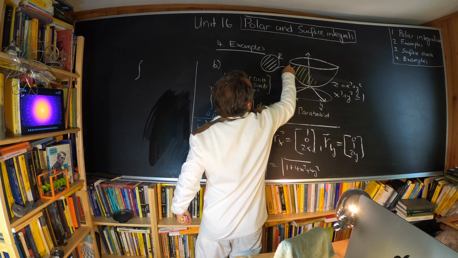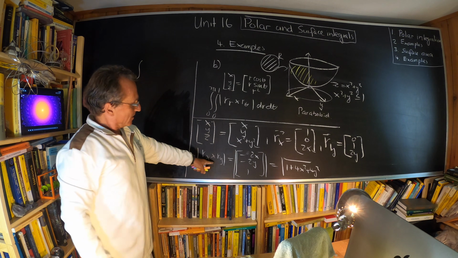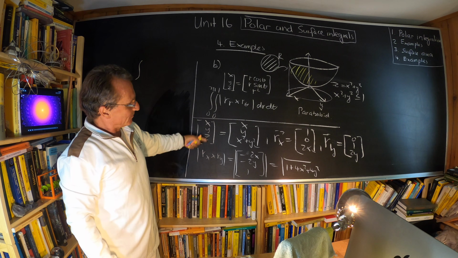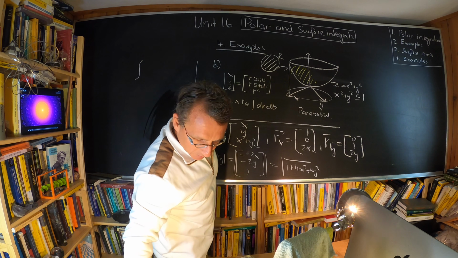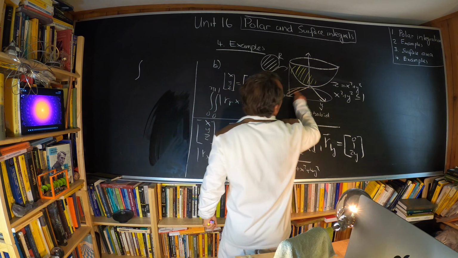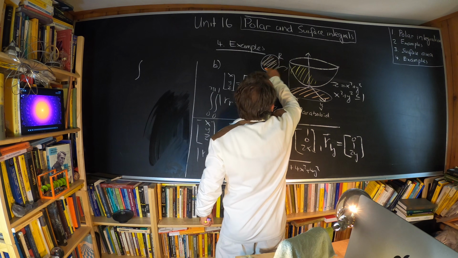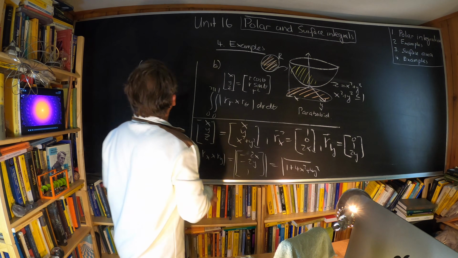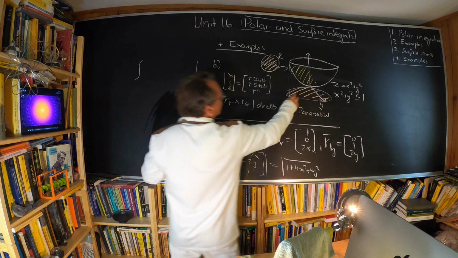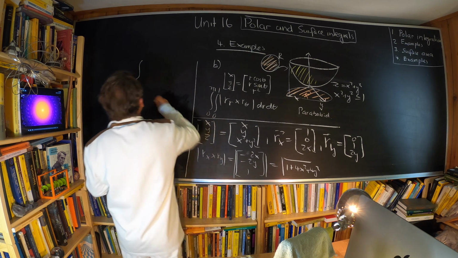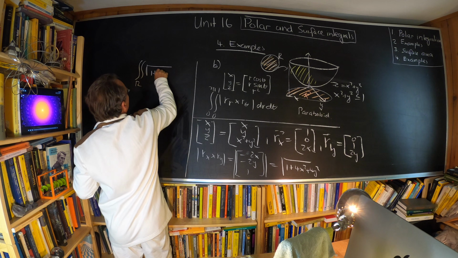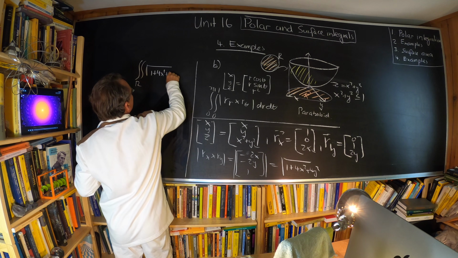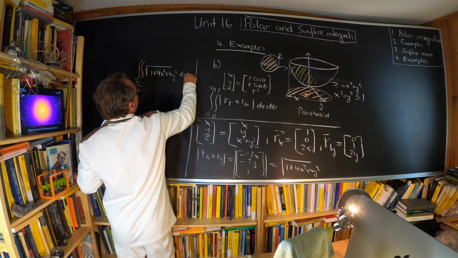If we just use the usual Cartesian parameterization as a graph, this is actually our region in the xy plane. So we integrate over this region R the square root of 1 plus 4x squared plus 4y squared dx dy.